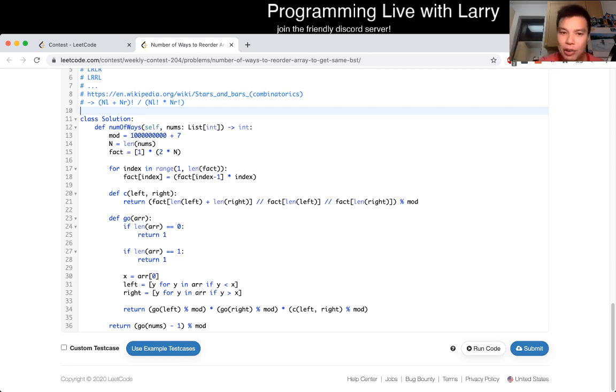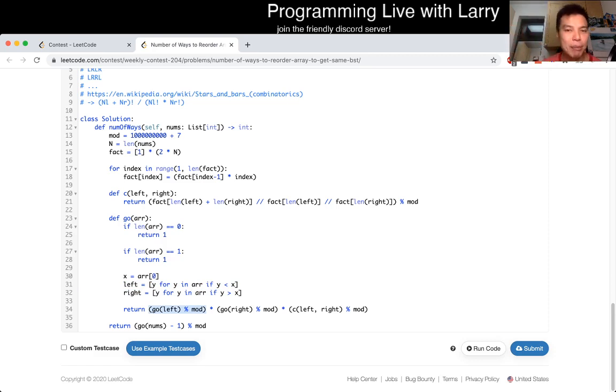But divide and conquer is a fun thing, so I recommend it in general. Basically, I look at the first number, and that's the root. I separate it from the left and the right.